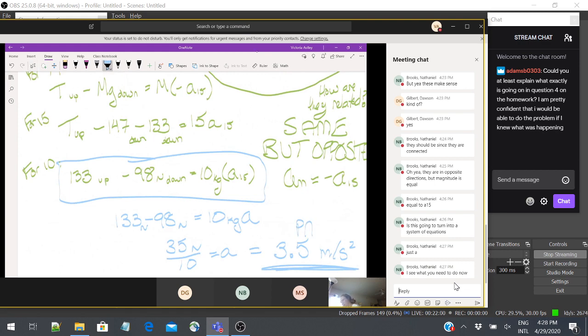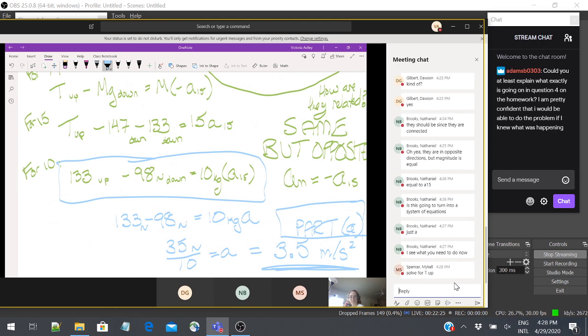So this is part A. Solve for T in the above equation. So we take this number and we plug it in right here.